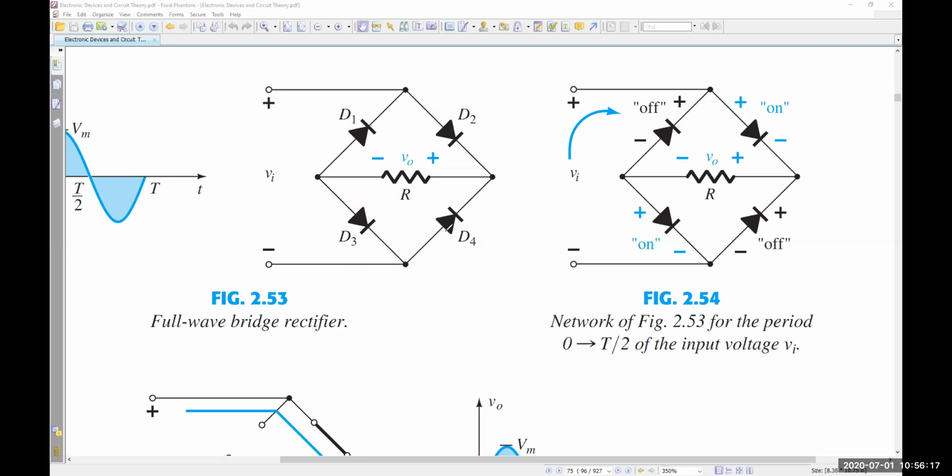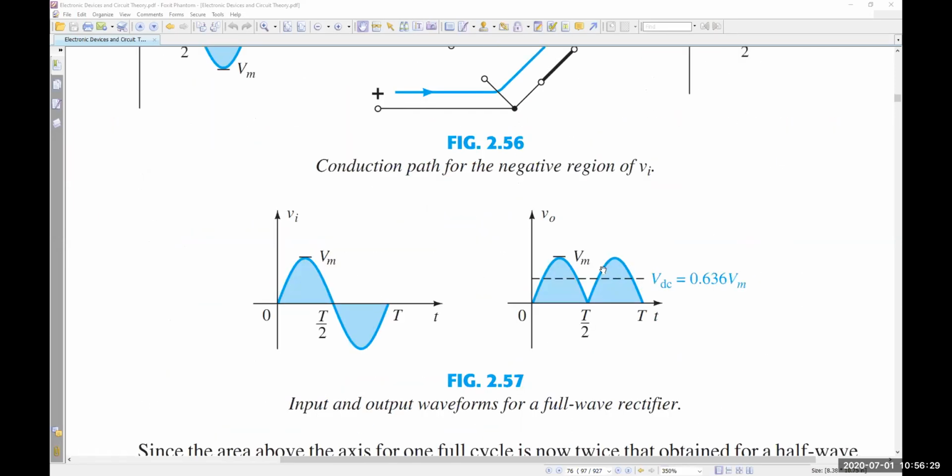Now for the negative half cycle, it will use D4 and D1. If they are silicon, they will still take 0.7, 0.7. That means 1.4. So your final output should be less than what? VM minus 1.4.